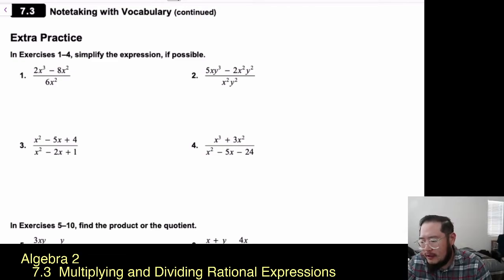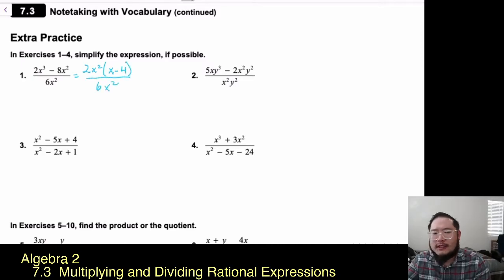Well, as is, there's not much you can do. But can I factor out anything in the numerator? You certainly can. I could factor out a 2x squared, and I'm left with x minus 4. And then we have this over 6x squared.